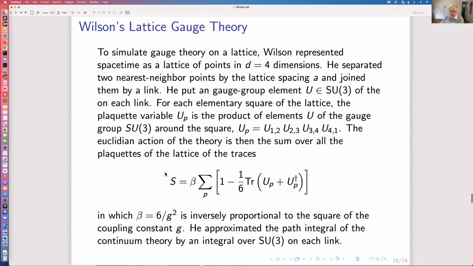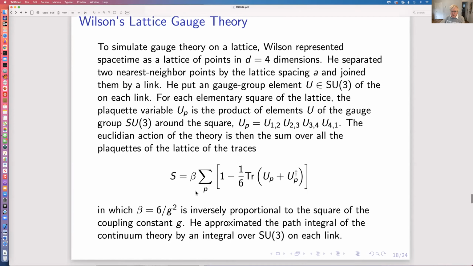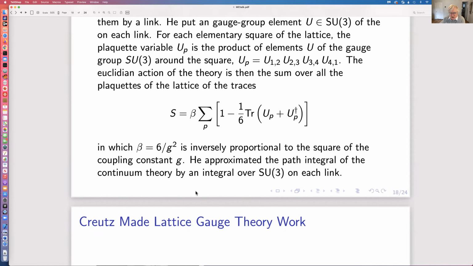The Euclidean action of the theory then is the sum over all the plaquettes of the lattice of these traces. Beta here is 6 over g squared, inversely proportional to the square of the coupling constant. So the coupling constant squared is kind of playing the role of temperature. He approximated the path integral of the continuum theory by an integral over SU(3) on each of the links.